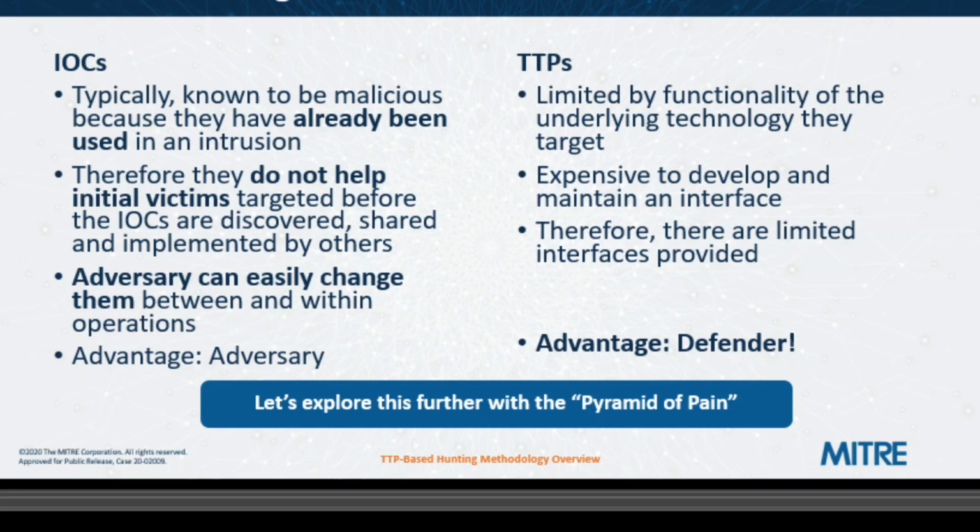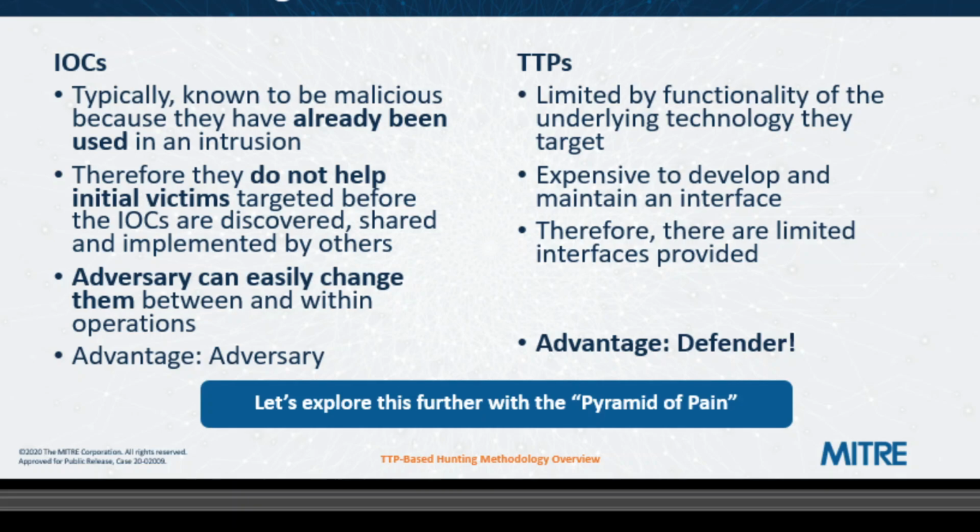They would have had to have done the reverse engineering or analysis and figured out what the signature should be associated with that, publish it, and then have other organizations adopt that and use it. And therefore, this is a pretty reactive approach and tends not to help the initial victims unless you have some sort of advanced knowledge before even the first attack is launched.